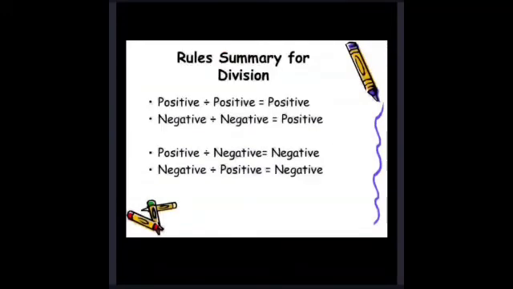That is, a positive integer divided by a positive integer gives positive. A negative integer divided by a negative integer is again positive. A positive integer divided by a negative integer is negative. And a negative integer divided by a positive integer is negative.